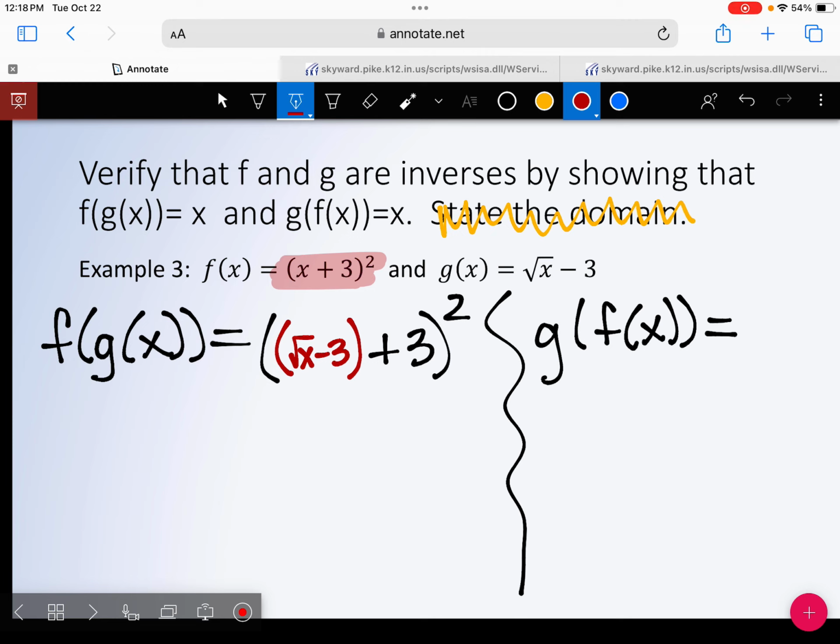So you have to show how this simplifies down. Now, because there is nothing happening to X, the first thing I can do is just drop my parentheses, which gives me a square root of X minus 3 plus 3 squared. What do you think goes away next?